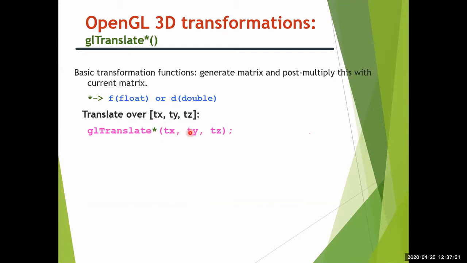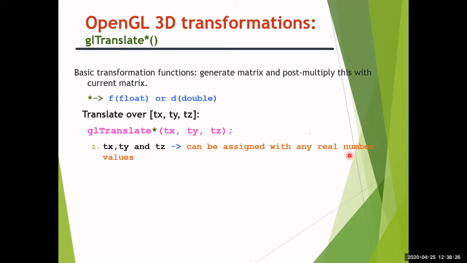For translate, we have 3 translation parameters: tx, ty, and tz. How do we use it? Every function, as you know, starts with the first letters GL, GLU, or GLUT in capitals, and the starting letter of each following word is capital. The star you replace by F or D. What are tx, ty, and tz?